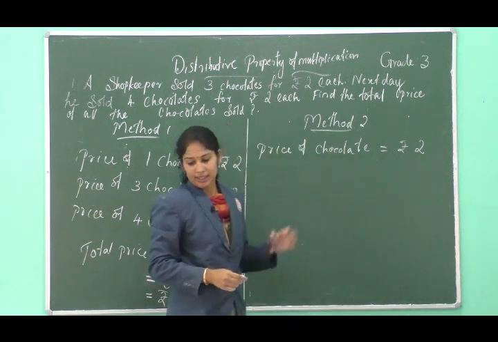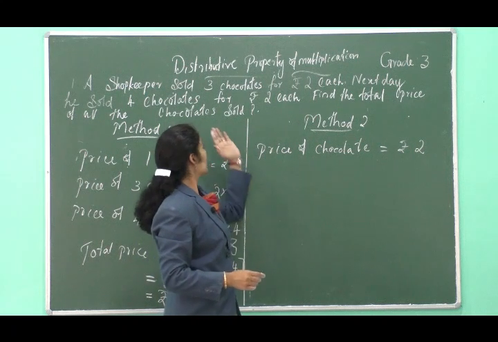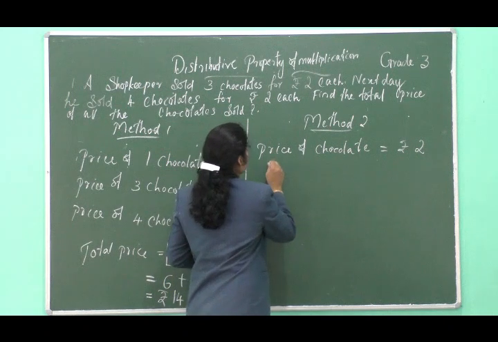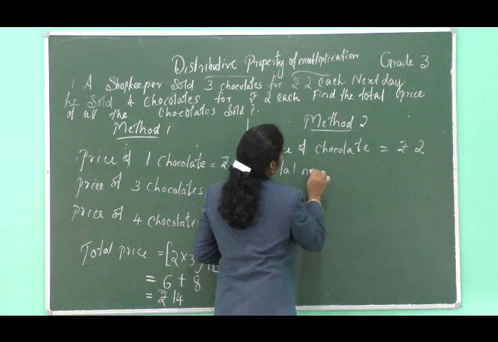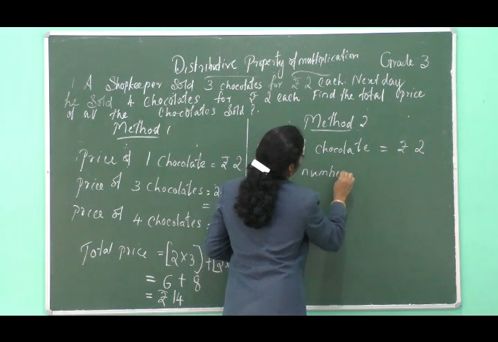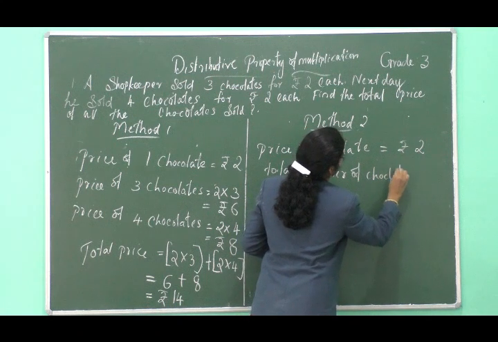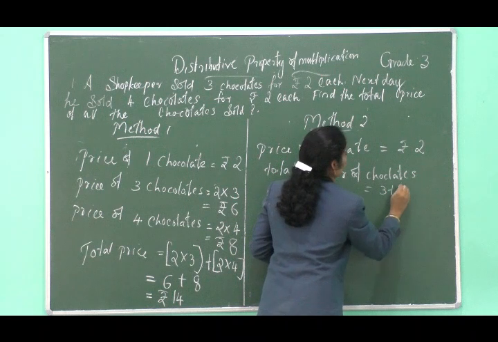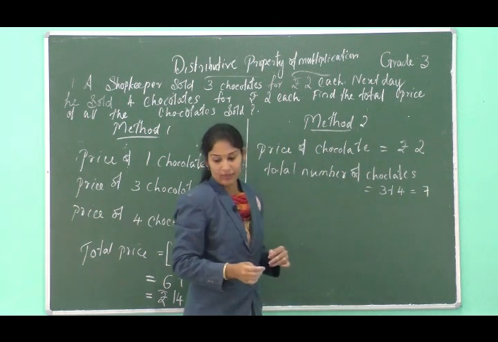So children, what is the total number of chocolates he bought in day 1 and day 2? Yes, total number of chocolates is equal to 3 plus 4. 3 plus 4 is equal to 7.